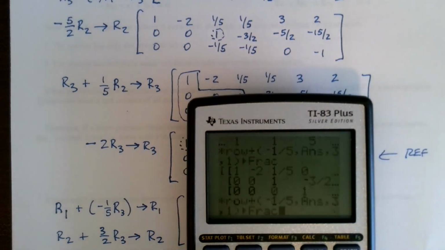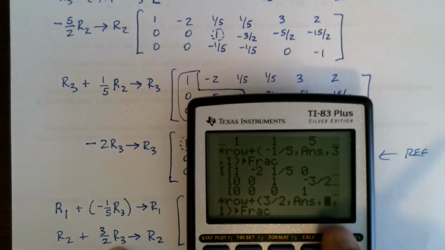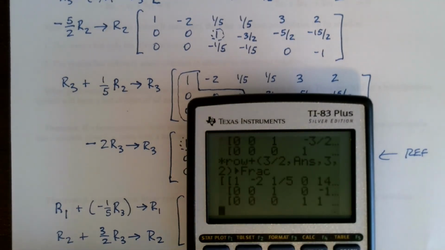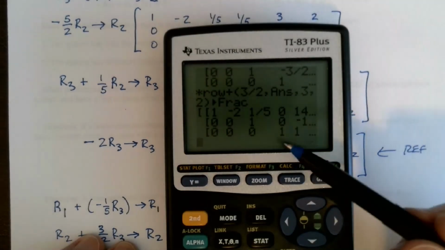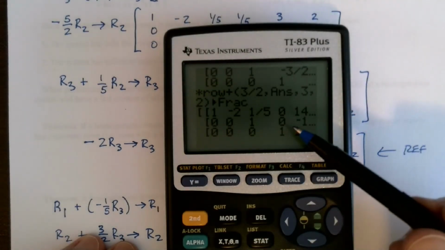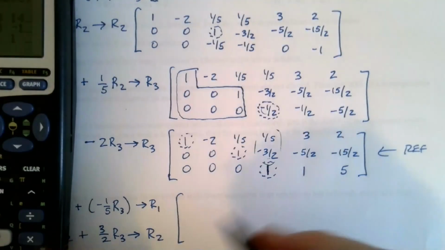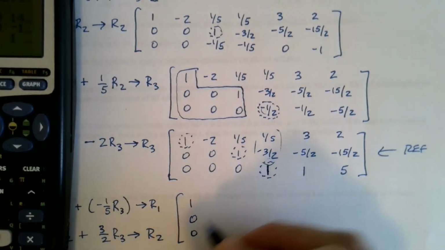And then second entry, this time 3/2, 3 divided by 2, or 1.5, right? Answer, multiplying row 3, adding it to row 2. Change that 1 to a 2, hit enter, and I get the other one to be a 0 above it. Okay, so now at this stage, we're talking about this.